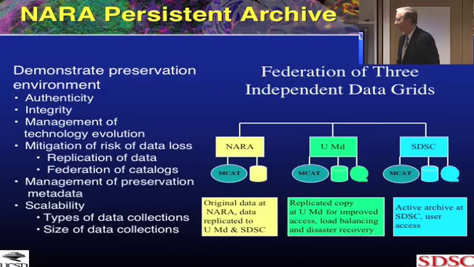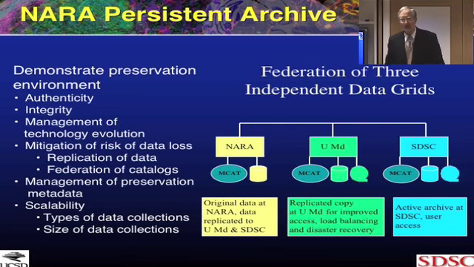The Banera Persistent Archive is a version of a preservation environment that uses 3 independent data management systems. There's a data grid sitting at the National Archives based on what we call a grid brick, commodity-based PC-type disk, with a database for managing all the state information, all the provenance metadata based on Oracle.